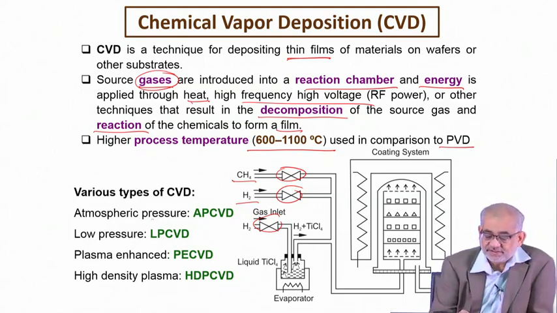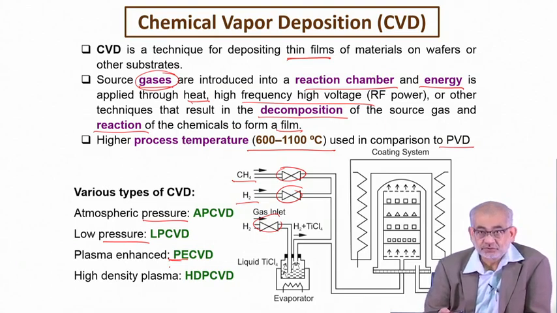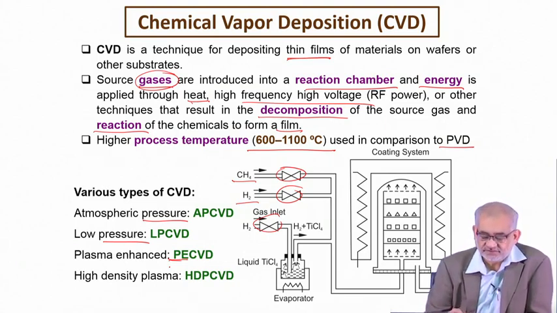Also, the pressure plays a very important role. Pressure-wise, we can have atmospheric pressure, or low pressure, just a few millibars, or we can have plasma enhanced CVD. We can create a plasma by applying an electrical potential difference, and take the help of the plasma to enhance the growth and the adherence of the CVD film.